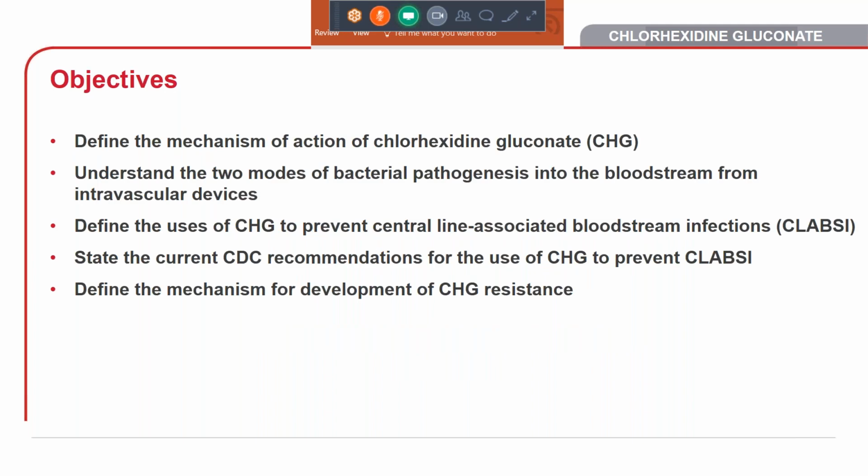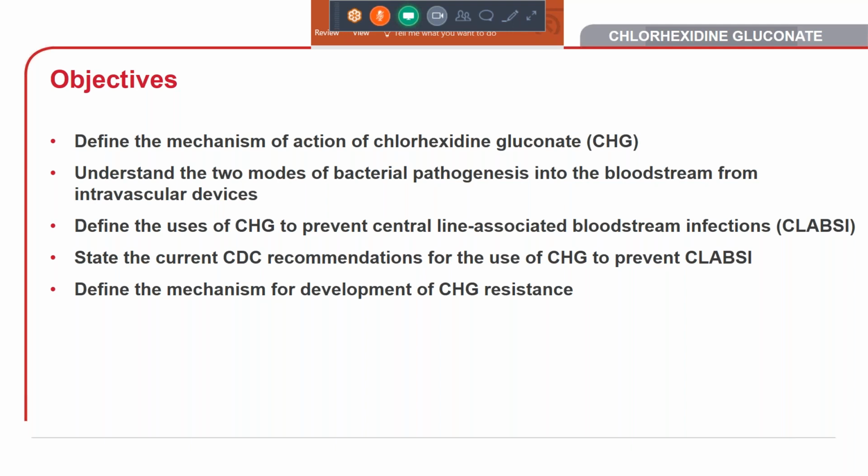The objectives for today's webinar are to define the mechanism of action of chlorhexidine gluconate, understand the two modes of bacterial pathogenesis into the bloodstream from intravascular devices, define the uses of chlorhexidine gluconate to prevent central line-associated bloodstream infections, which again will be our focus in terms of indications for use today of this particular antiseptic, state the current CDC recommendations for the use of chlorhexidine to prevent CLABSI, define the mechanism for development of CHG resistance.